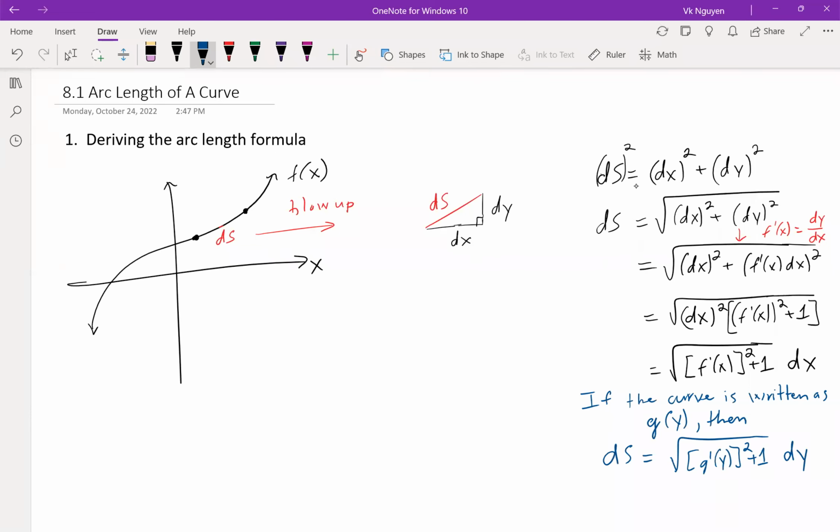Okay, we have the length of a very small arc on the curve. So in order to figure out the arc length from, let's say, x equals a to x equals b, we just have to add up all these small arc lengths.